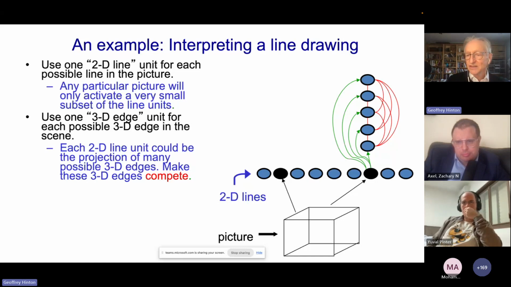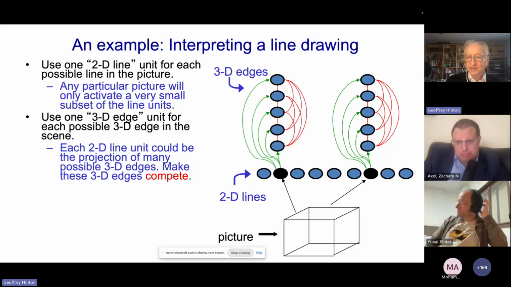So what you want is a little circuit there that if you activate a line, it'll try and activate these edges, and it'll be happy with any one edge being activated, but be unhappy if you activate more than one edge. But it doesn't really know which edge to activate. And we can do the same for another line in the image.